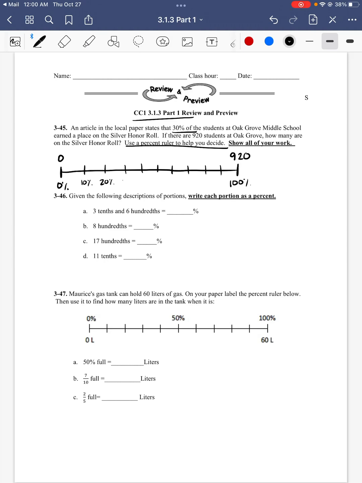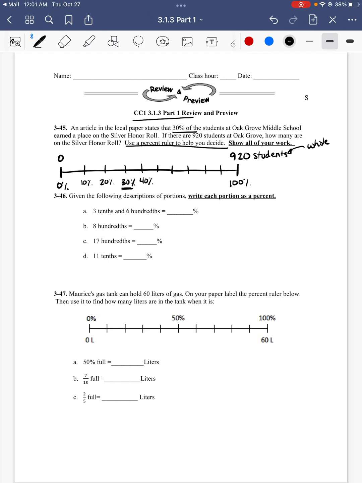So 0%, 10%, 20%, 30%, 40%, etc. But 920 students, that's my whole.